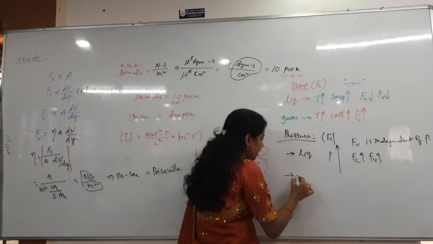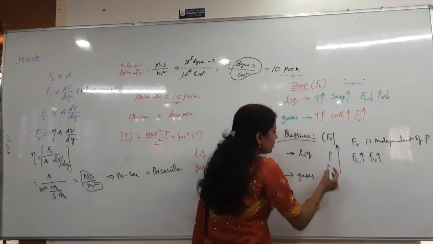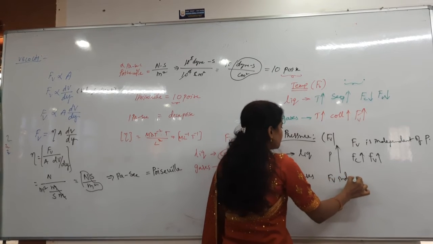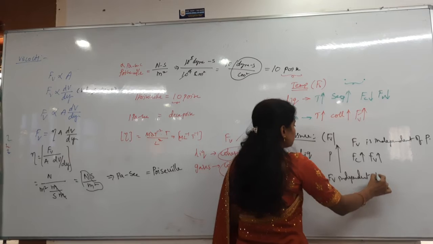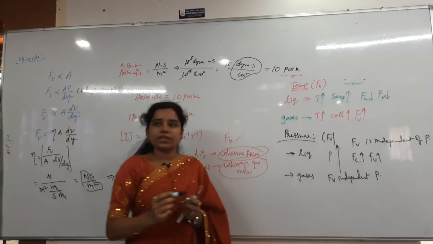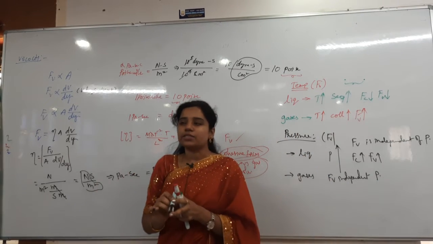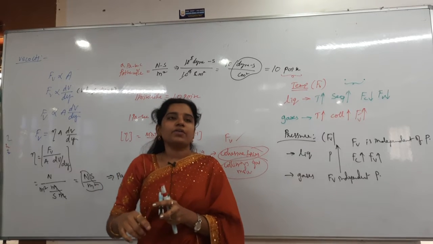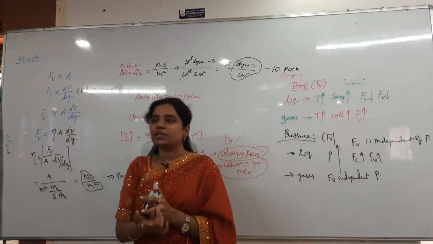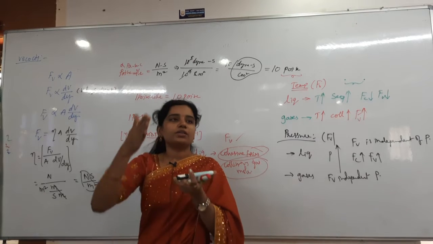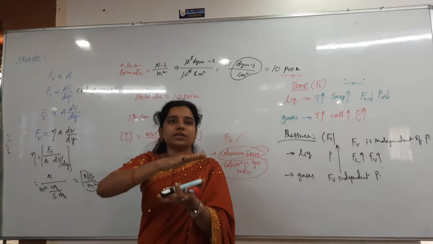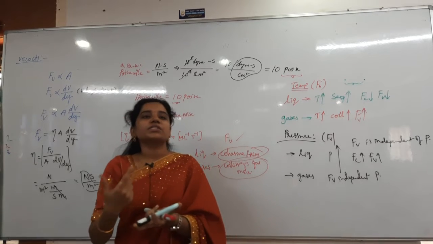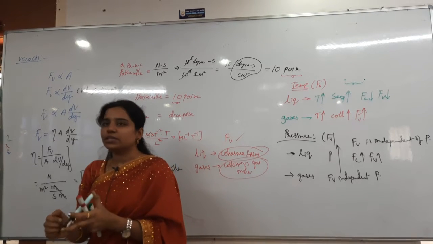But in gases, this viscous force is always independent of pressure, practically also. Clear? Liquids and gases are independent of the pressure, but in liquids under extreme pressure, the fluid layers move near to each other, the cohesive force increases, so the viscous force also increases. Clear?